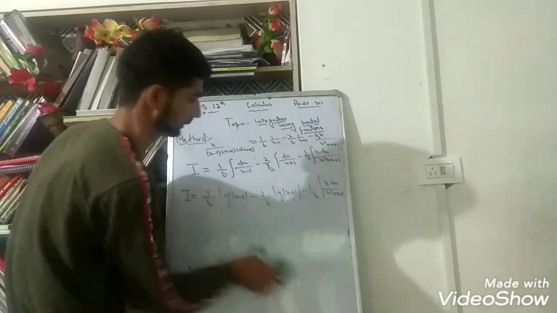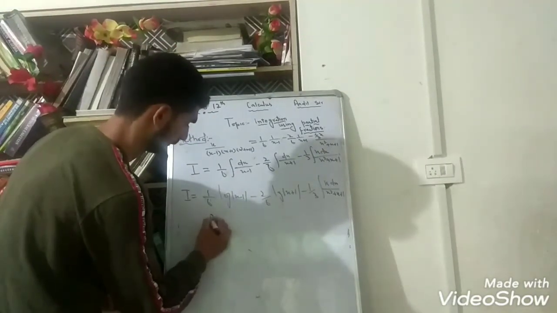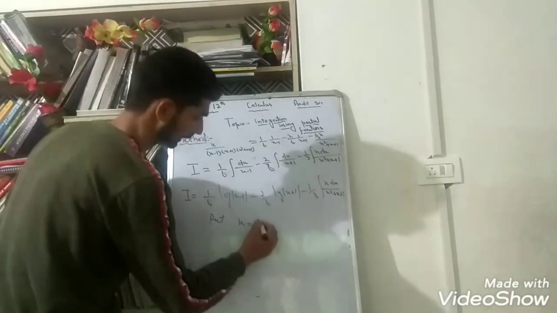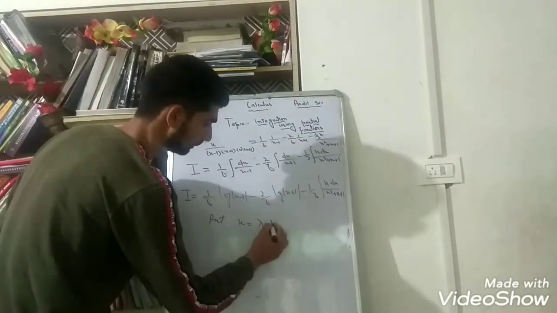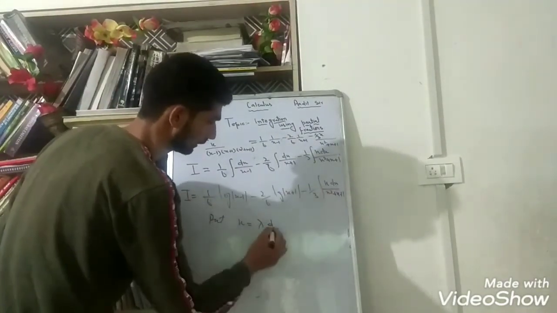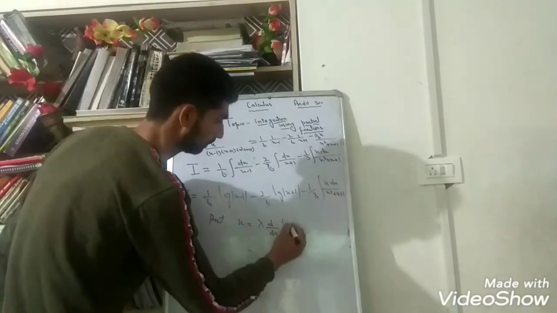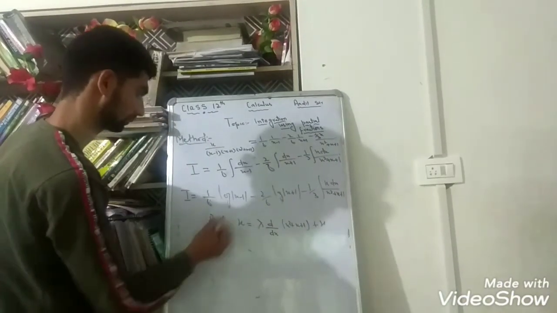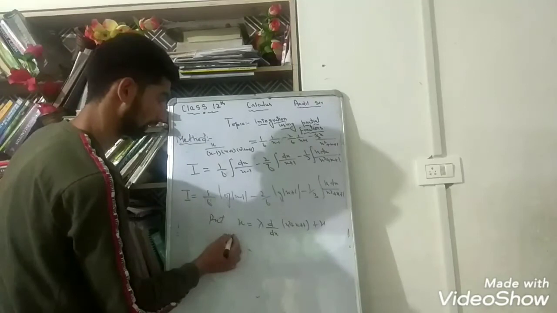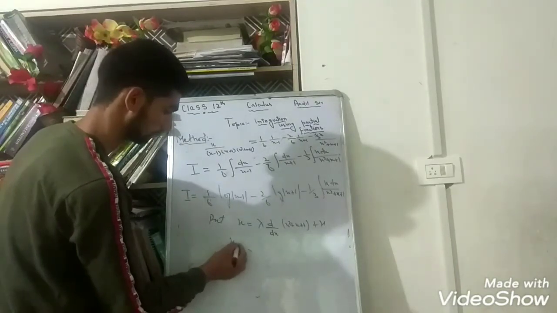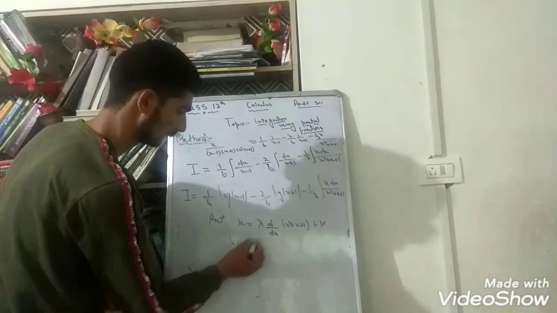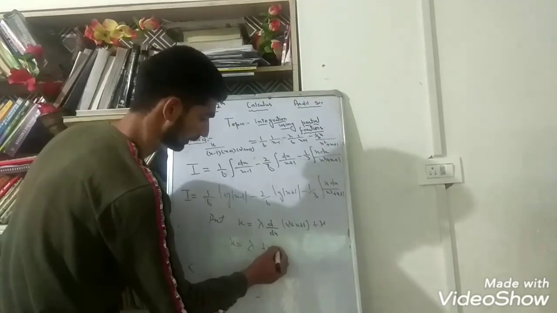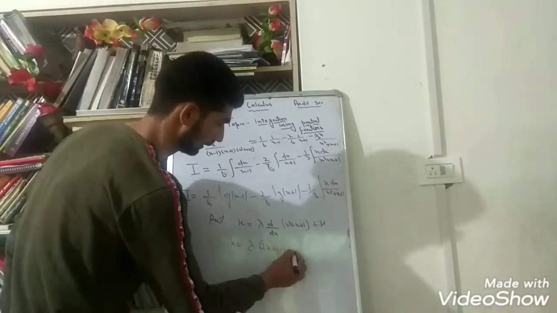Put this x equal to lambda times d by dx of this x square plus x plus 1, plus mu. So it will be here x is equal to lambda d by dx of this, what is that, 2x plus 1, plus mu.